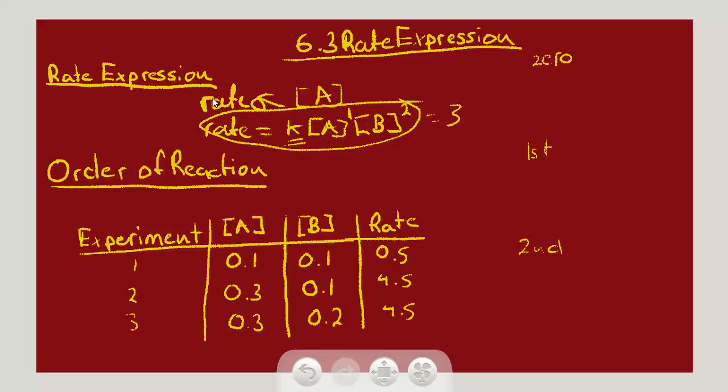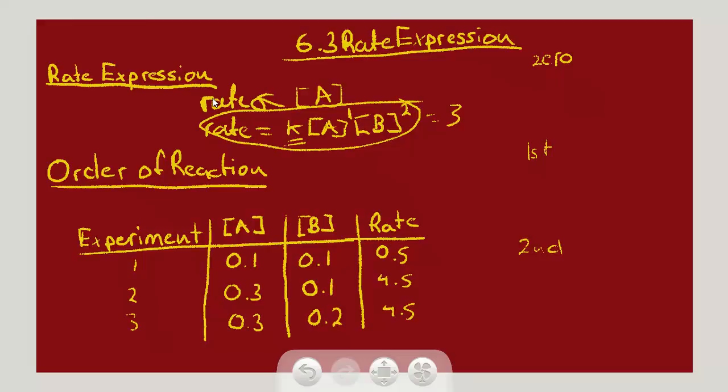So to experimentally determine the order of reaction, we can look at a worked example here. So we see the concentration of A and the concentration of B and the various rates. We can see here that for the first experiment, when the concentration of A is 0.1 and the concentration of B is 0.1, the rate is approximately 0.5.